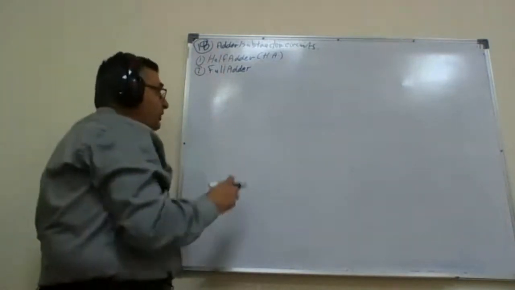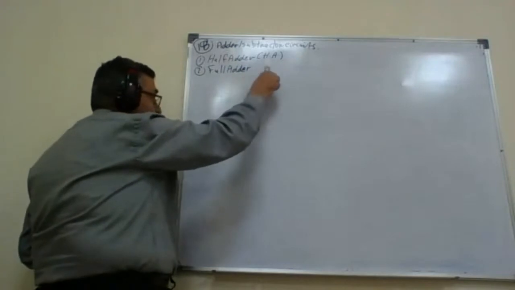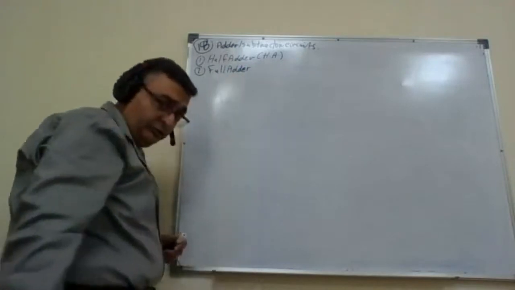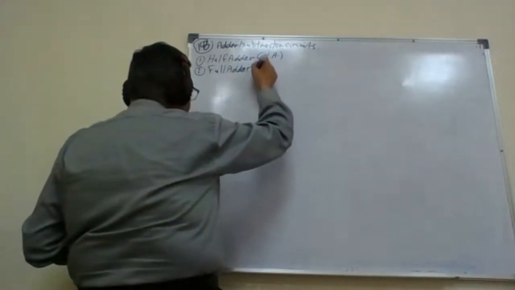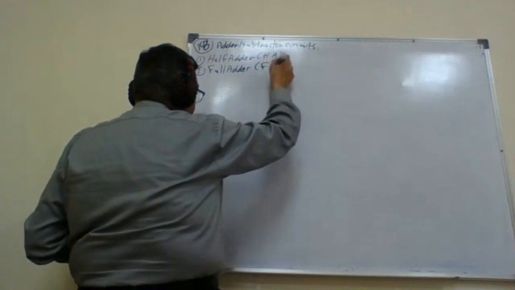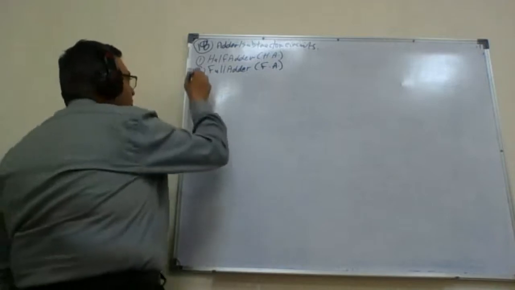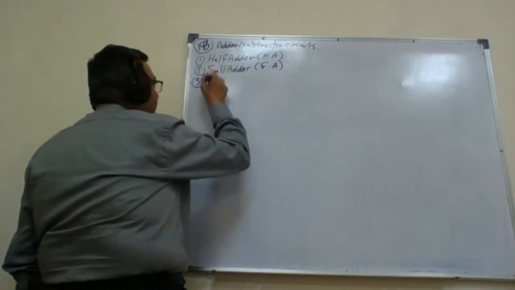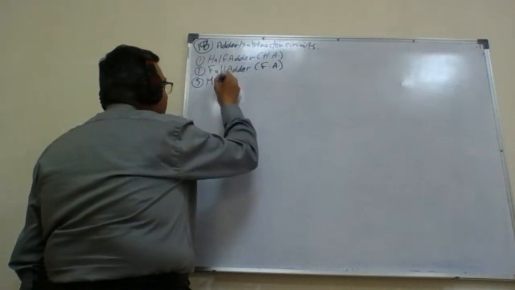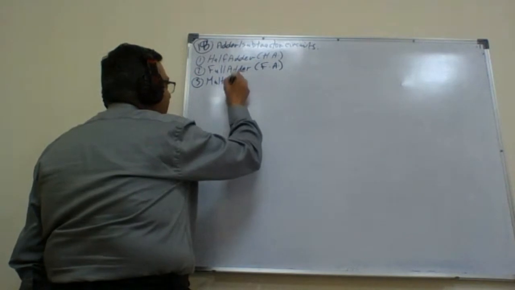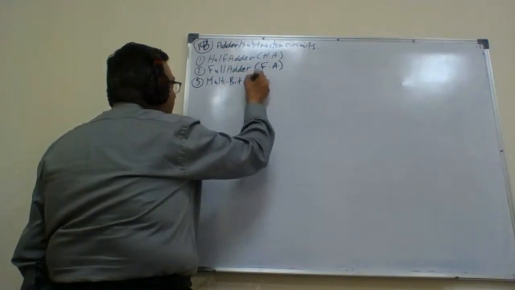So we will learn first the half adder circuit, then we have what's called the full adder circuit. They give it the nickname FA, and the half adder, they call it HA. We have also to learn what's called a multi-bit adder.